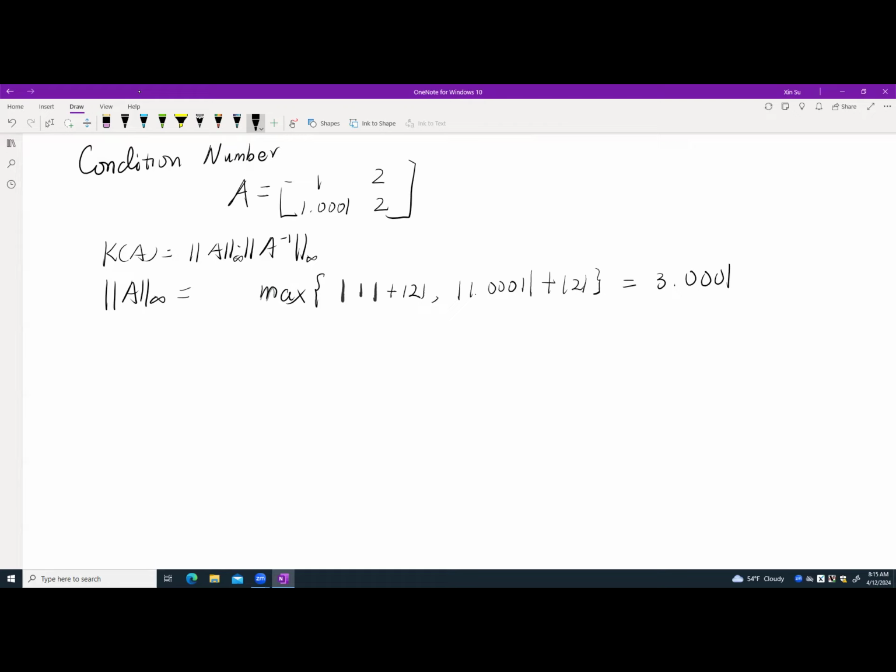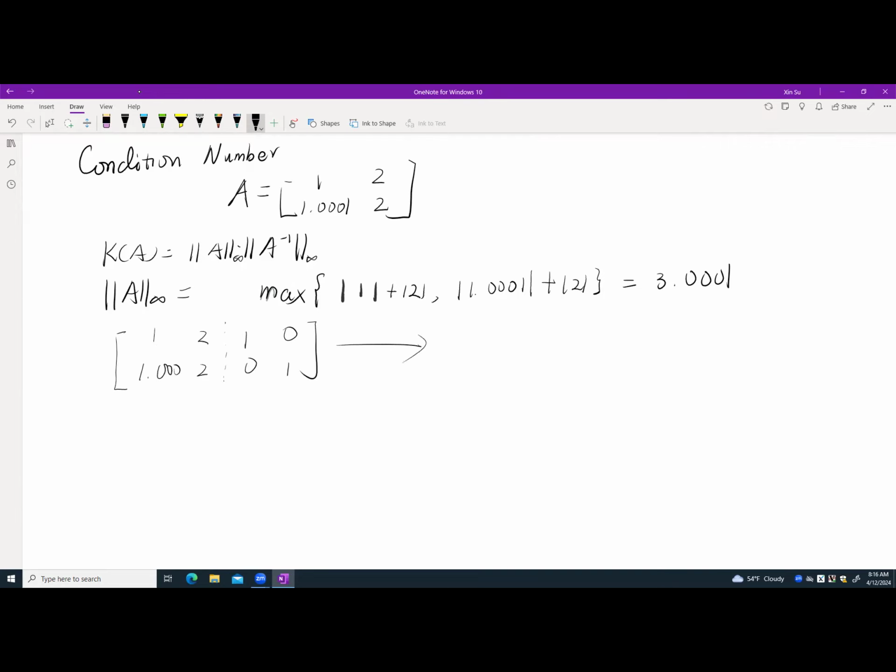And if you want to get the A inverse, it's very easy. This is from the linear algebra class. What you need to do is, I just briefly mention this here, but I'm not going to calculate all the things. You put the matrix A on the left-hand side and the identity matrix on the right-hand side.